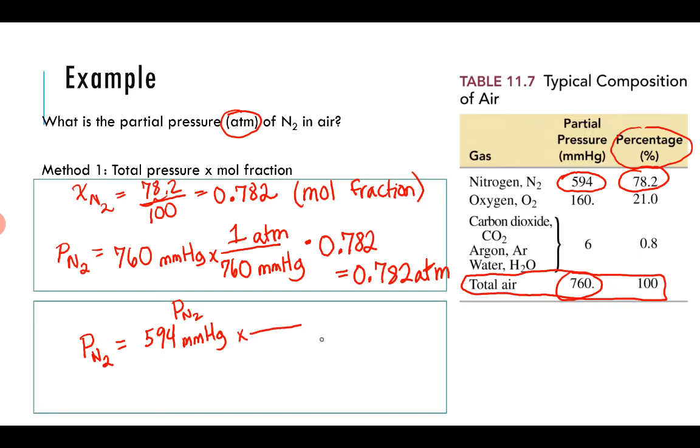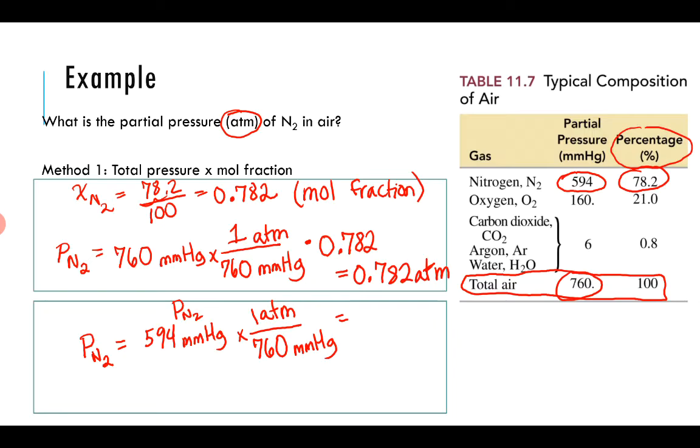And then we just have to convert it into atmospheres.